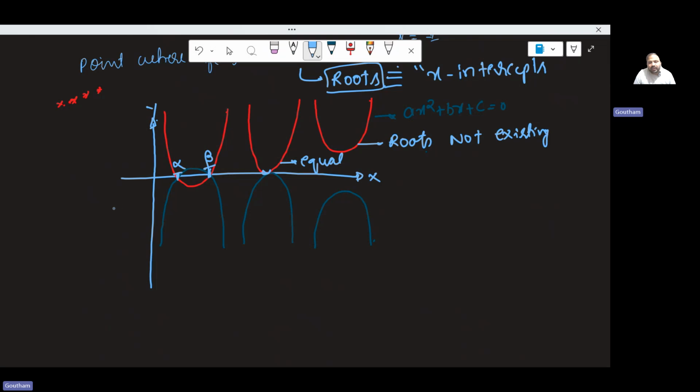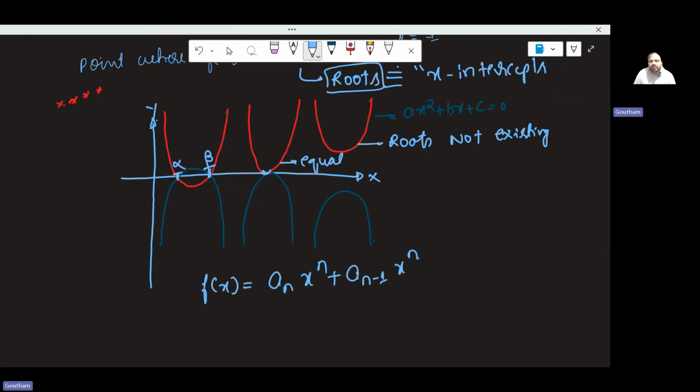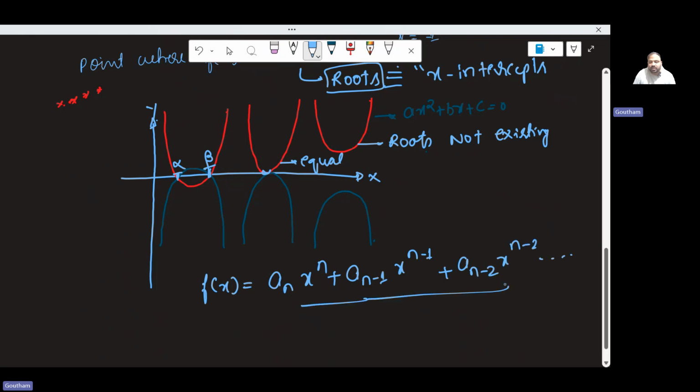Now, sir, why is it maximum 2 points? Why can't the curve touch at 3 points? That is the fundamental theorem of algebra, which states that any polynomial f of x equal to a n x raised to n, plus a n minus 1 x raised to n minus 1, plus a n minus 2 x raised to n minus 2, and so on, arranged in terms of its degrees, will have n roots.